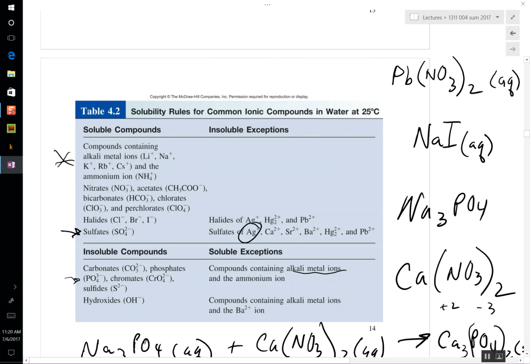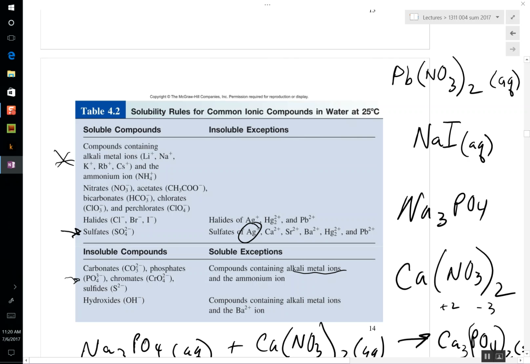All right. The third one is your net ionic equation. Now ask yourself the question, what ions do you see on both sides of this equation? Which ions appear the same on both sides of the equation? Sodium and nitrate.